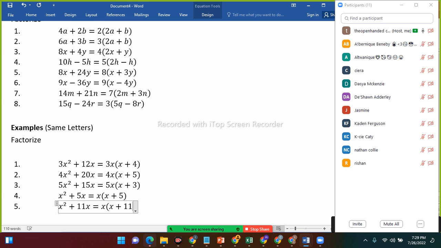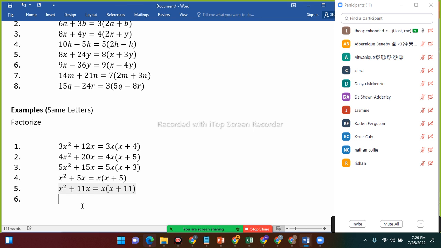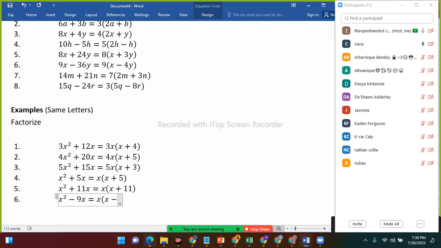Plus 11, very good. Now, Sierra, what happens if we put a negative sign? So say we have a negative 9. So how would that be? Okay, so it'll be x outside, open bracket, x, take away 9. Very good. X take away 9. Okay, so that's good.